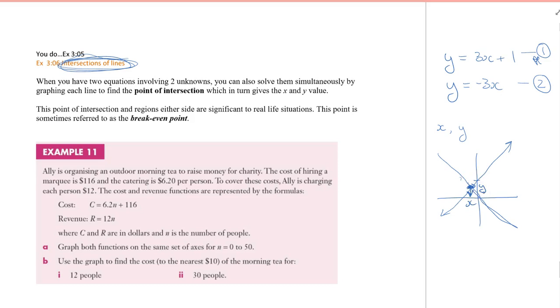You may have talked about this previously and called it the graphical solution, because we're graphing the lines. So it says when you have two equations involving two unknowns, x and y, you can solve them simultaneously by graphing each line to find their point of intersection, which you can see I've just demonstrated here.